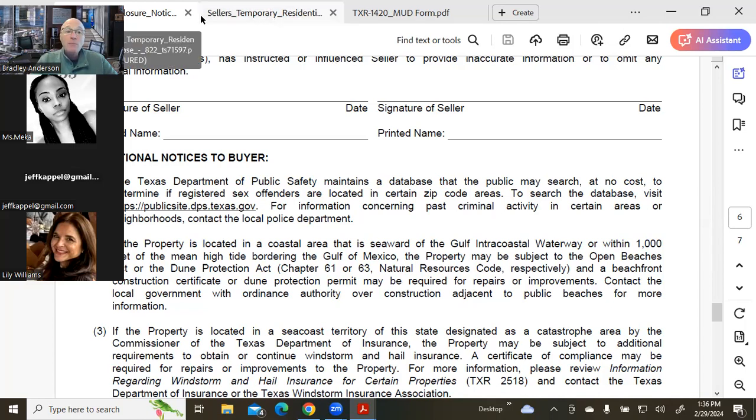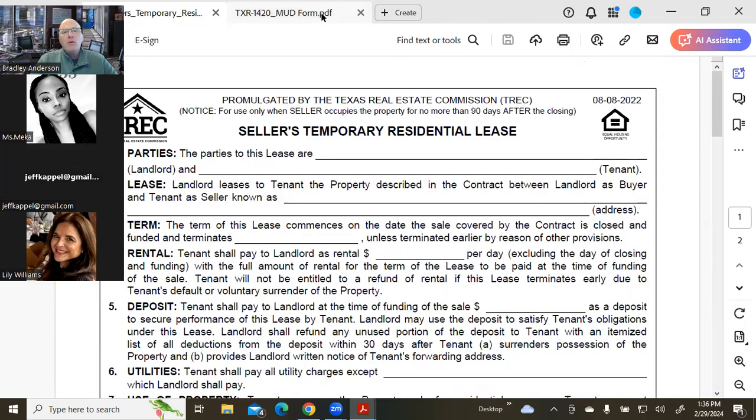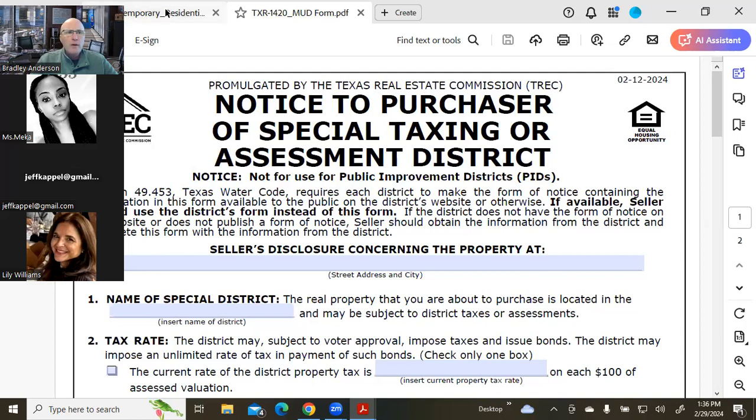Okay, so to follow up on the MUD discussion here, TREC has come out with a new form that is the MUD disclosure. So for years and years and years, you can even see the date is February 12th, 2024.